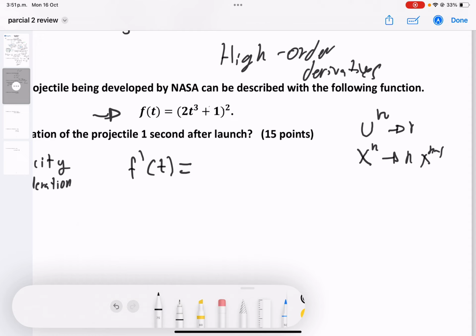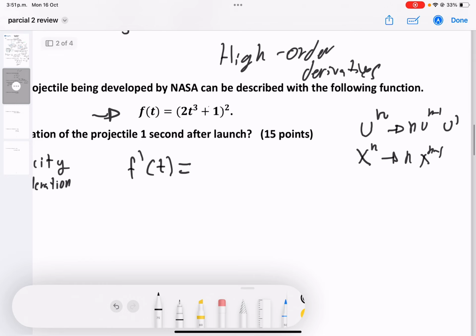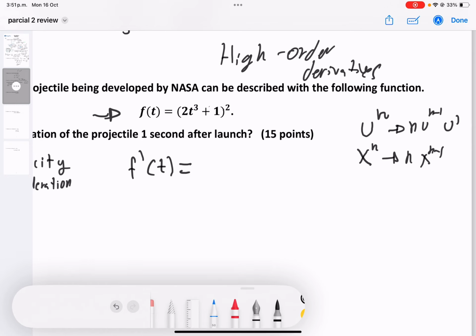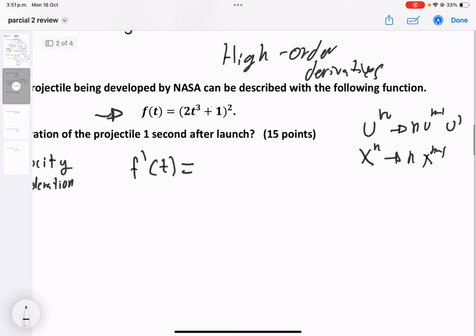So I will take n, u to the n minus 1, multiplied by the derivative of u. So, in simple terms, that is 2 times (t cubed plus 1). I put the 2 on the left and I decrease the exponent by 1.